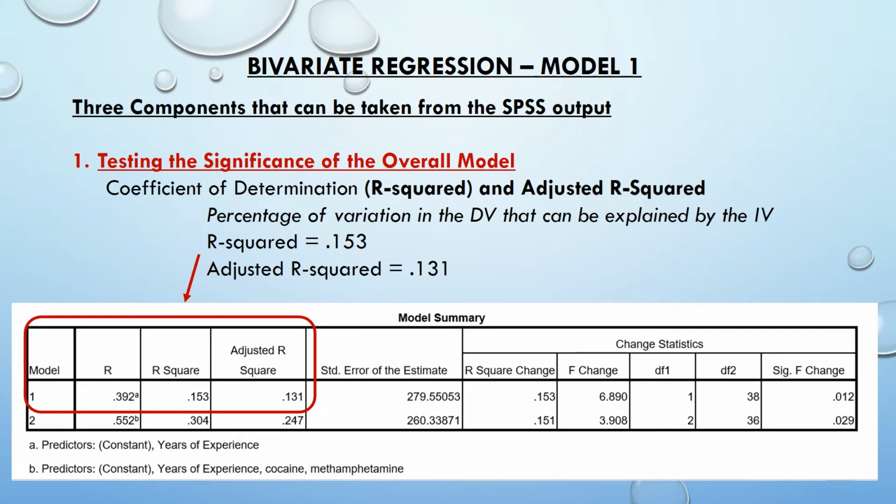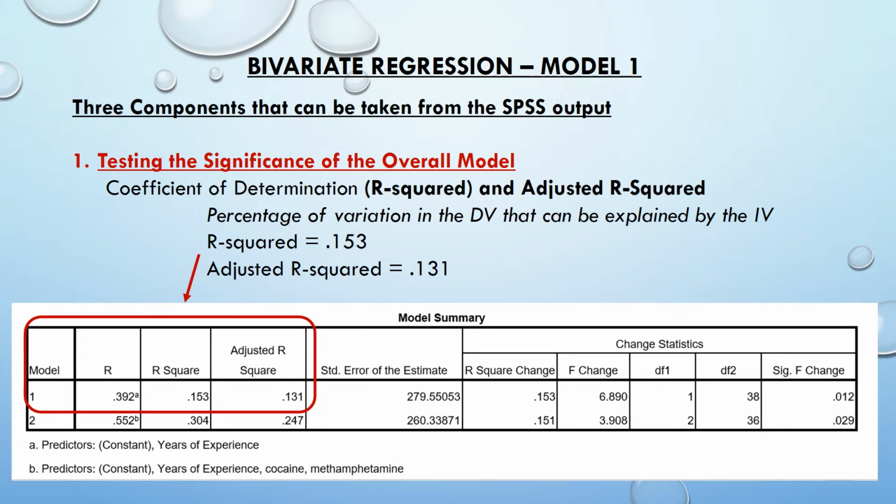R squared is very accurate for the particular sample that you're working with. Adjusted R squared, however, adjusts for the fact that you're working with sample data, and it tends to bring the value down a little bit, which makes it a more honest or valid assessment when you're using that sample data to make estimates about the larger population.